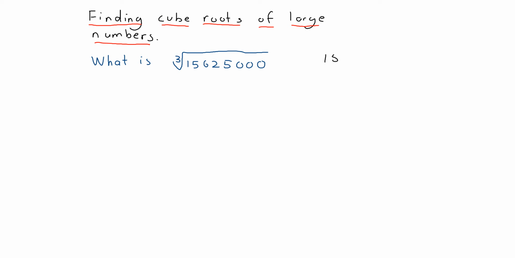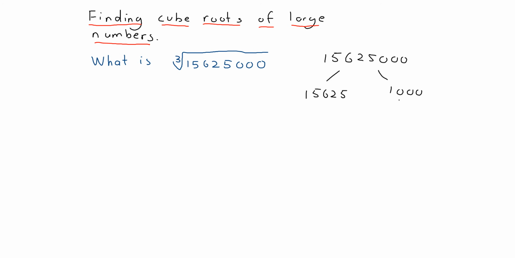So big number, 15,625,000, but you can see that we can break this up pretty easily. 1000 because it's got 3 zeros on the end, and 15625.